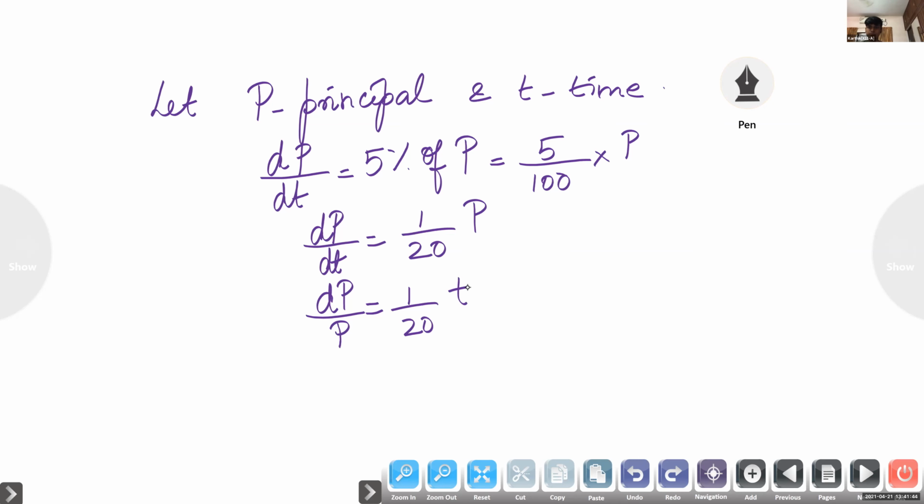Isn't it 1 by 20 dt? Yes, dt is there. When you cross multiply, it will be dt.